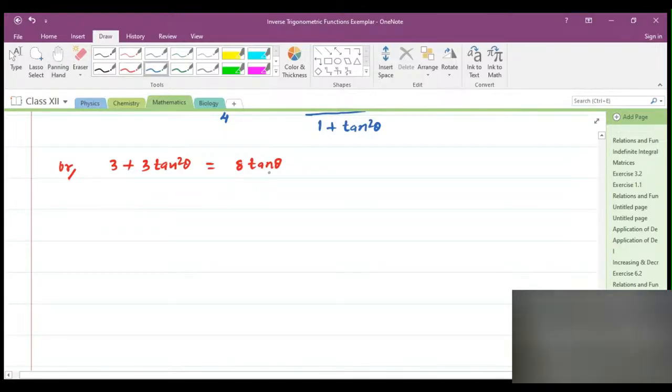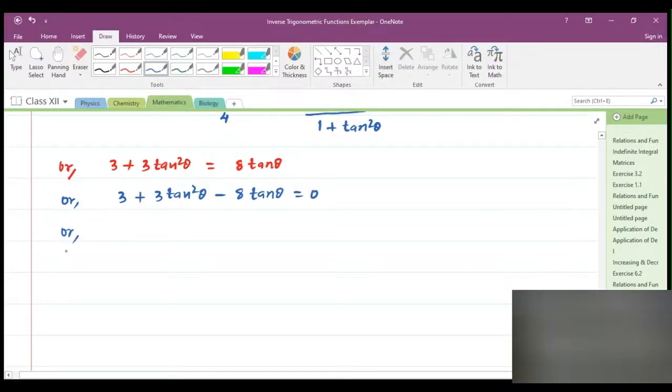Now move 8 tan theta to the left hand side. Then we get 3 plus 3 tan square theta minus 8 tan theta equal to 0.